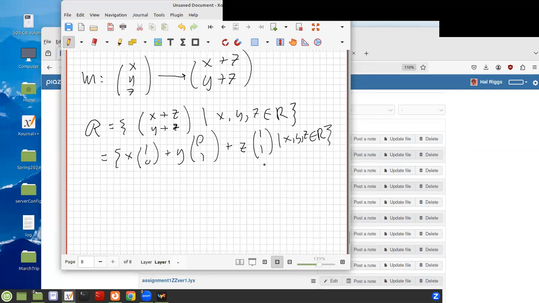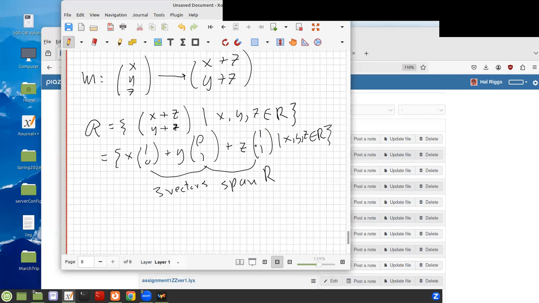So I know these three vectors span the range space, but do they form a basis? Well, you can see that the third one is a sum of the first and second one, because (1, 0) plus (0, 1) equals (1, 1).